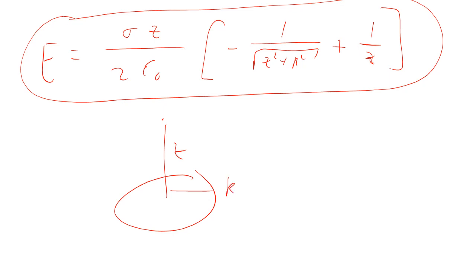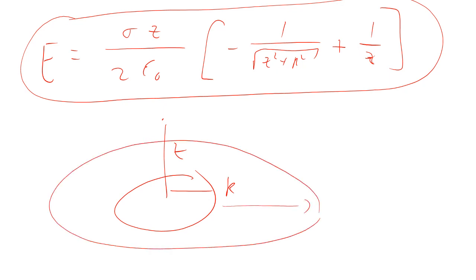But what if we make an assumption here that it's a very big disk? What do I mean by very big? I just mean that r is much, much bigger than z. So if r is much, much bigger than z, that means z is effectively going to be pretty small.